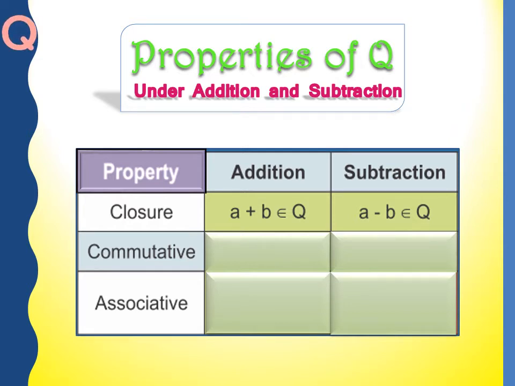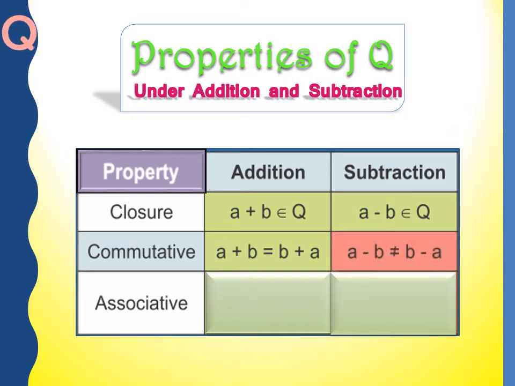Rational numbers are commutative under addition: for any two rational numbers, a plus b equals b plus a. But rational numbers are not commutative under subtraction. For any two rational numbers, a minus b doesn't equal b minus a.